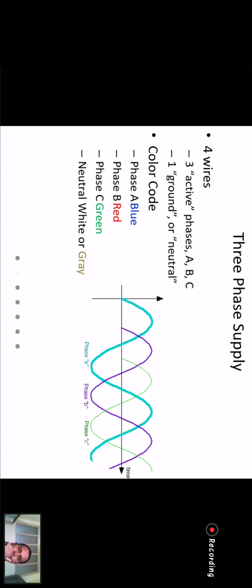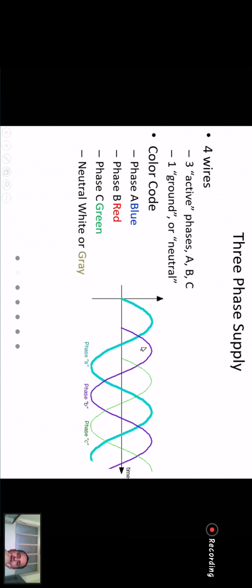So if you see the color coding, phase A is represented by blue. Phase B is represented by purple. I think there is some mismatch between the colors. Phase B is purple and phase C is gray.